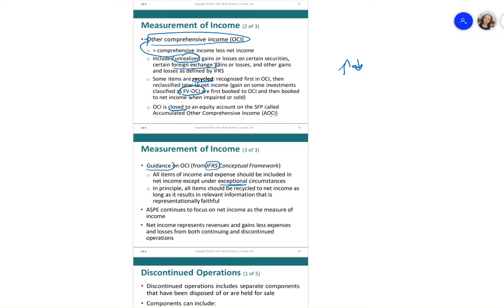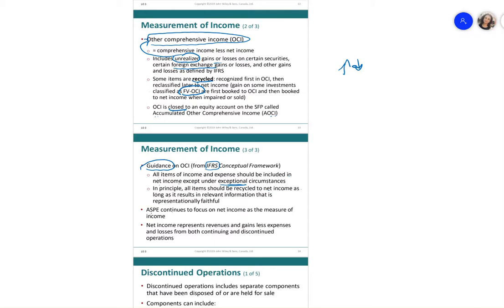So then there's guidance available to us. In principle, all items should be recycled to net income as long as it is relevant information that is representationally faithful. So we have to be faithful when we're presenting it. Everything should go through the net income, but some items can go through your OCI.